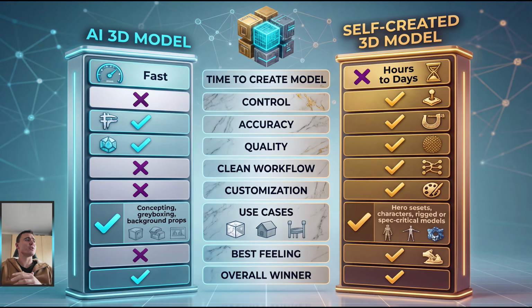Clean workflow. Now with AI 3D models, it's still difficult to have a clean workflow. It's quite messy. You will get a lot of artifacts with some of the models, and when it comes to human-created models, it should be clean with no problem there. Customization will be the same as the clean workflow.